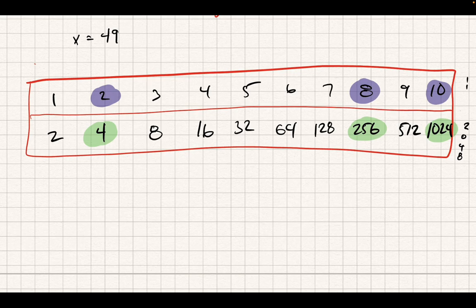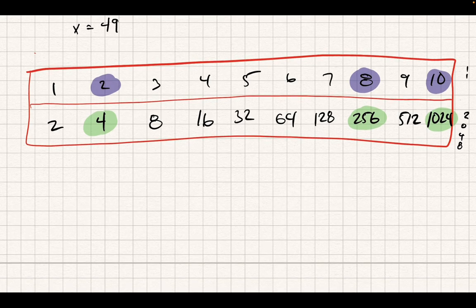1024. All right. So what sort of progression is this? Exponential. Logarithmic. Just kidding. I get it. You know what kind of progression this is called?